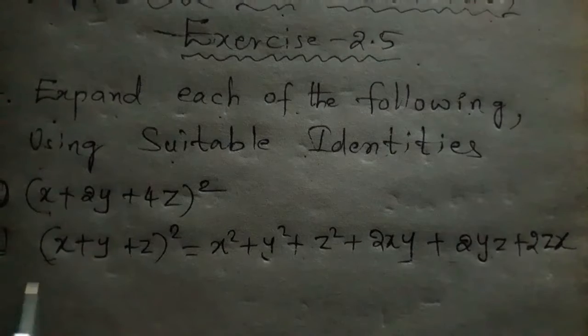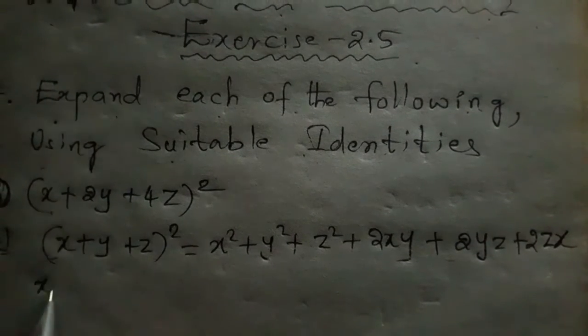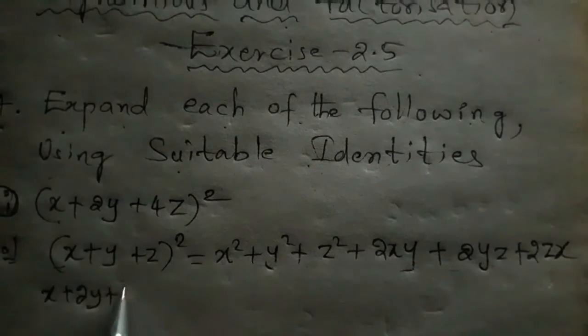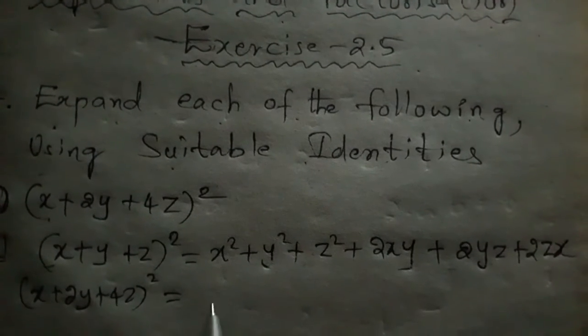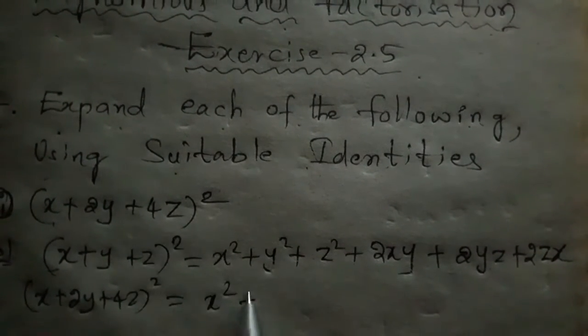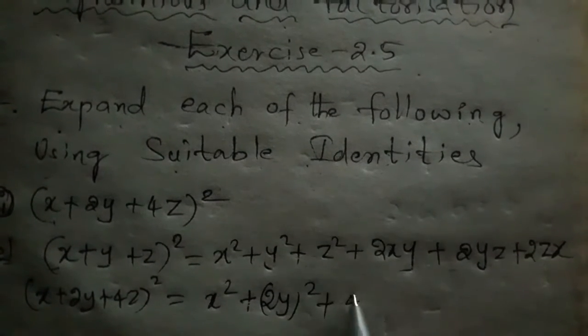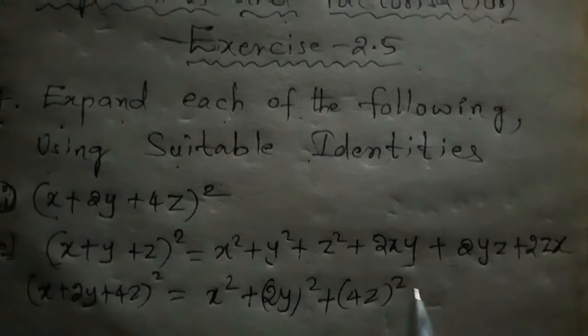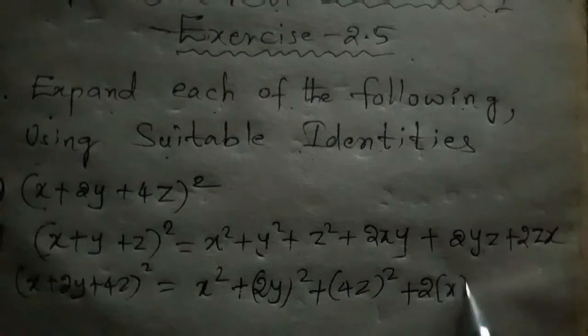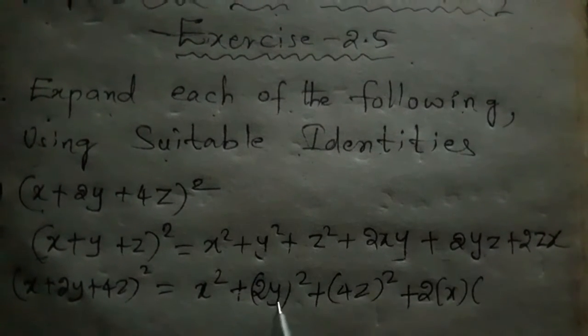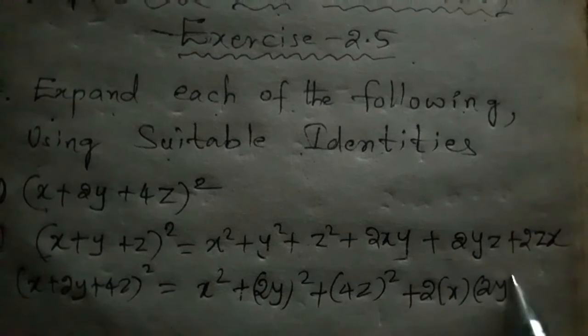Now this can be written as (x + 2y + 4z) whole square equals x square plus (2y) whole square plus (4z) whole square plus 2xy, where xy means 2 into x into 2y.